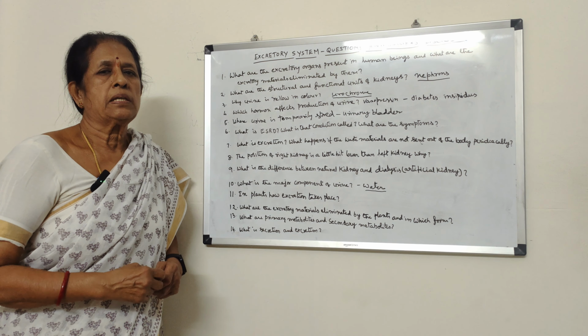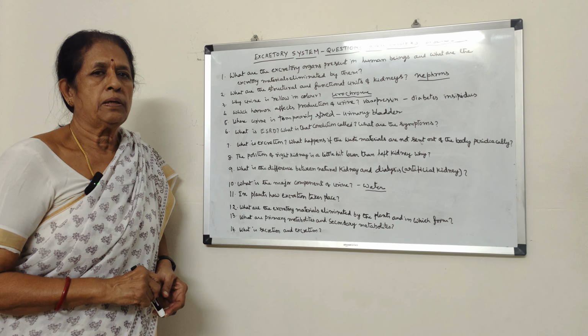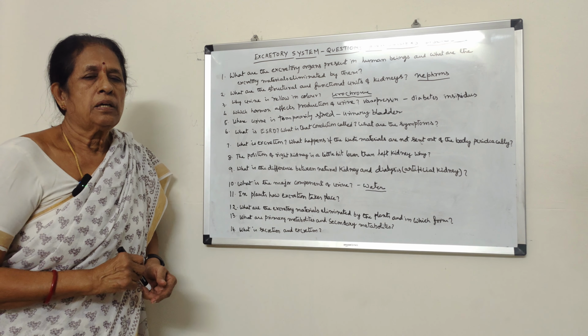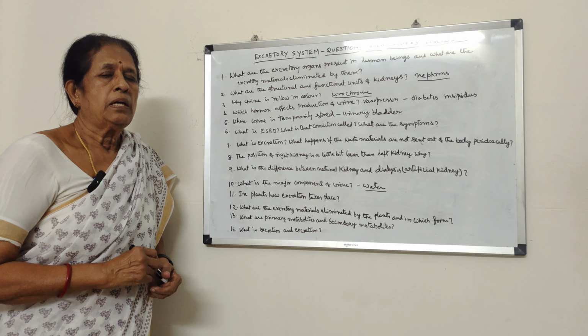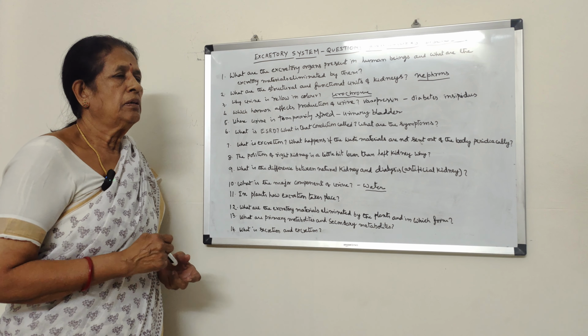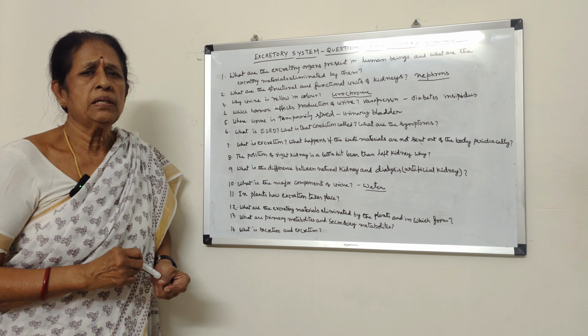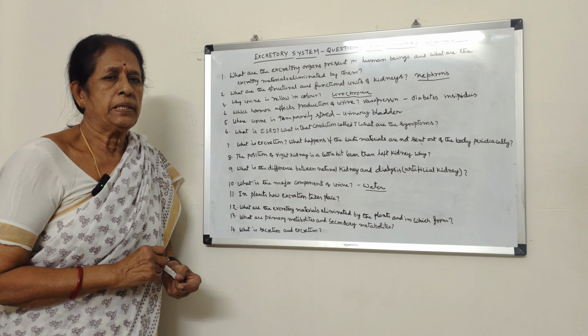Lungs are the excretory organs which eliminate carbon dioxide along with the water vapor. Liver is the organ in which the RBC break down and form the pigments bilirubin and biliverdin, and they are eliminated along with the urine. Next, large intestine is another one which eliminates extra salts and undigested food materials.